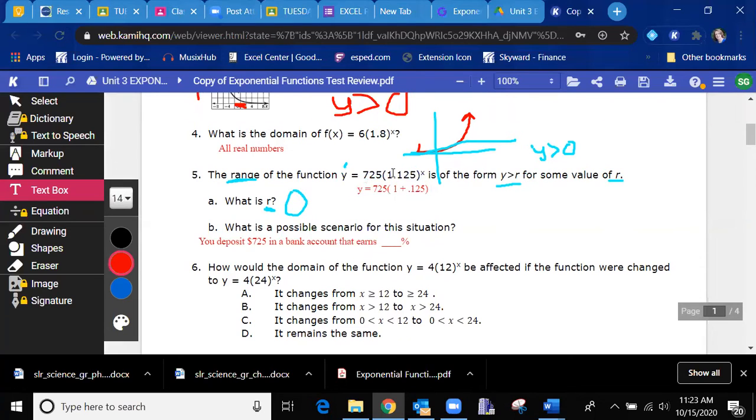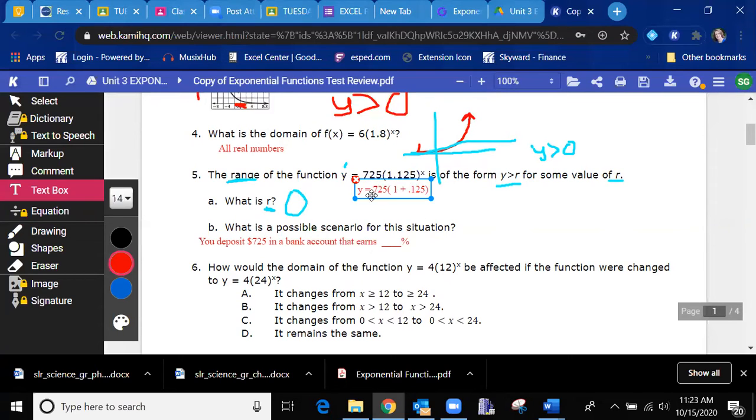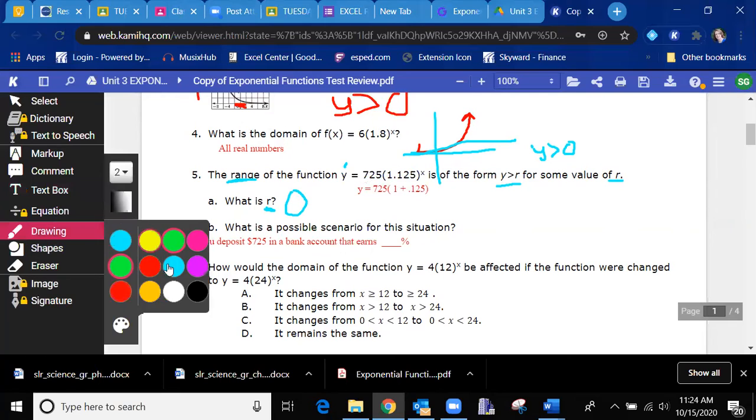I mean, take apart the 1, and that's here. And this part, the 0.125, is the percent. But just as Gabriela said, we're going to move it 2 times to the right. And so this would be 12.5%.